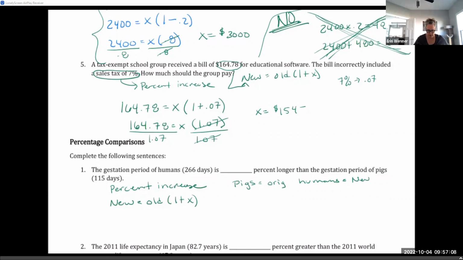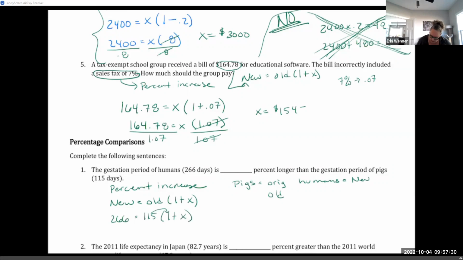Okay, so because again, pigs is the original amount, which would be our old, based upon the way I wrote it, humans is the new amount, so we're gonna have human 266 equals pig 115 times 1 plus x. Again, we don't want to just divide both sides by 115, we want to distribute.